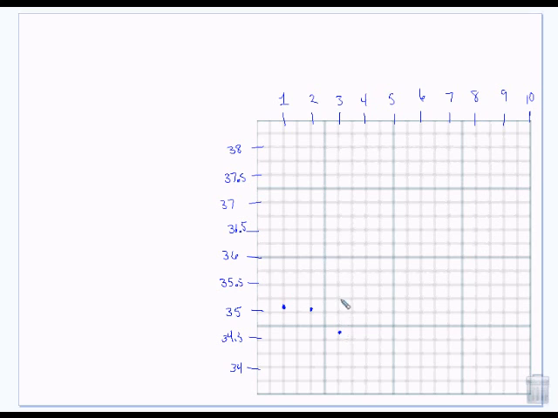Then way up to 36 something, and back down to under 35.50.